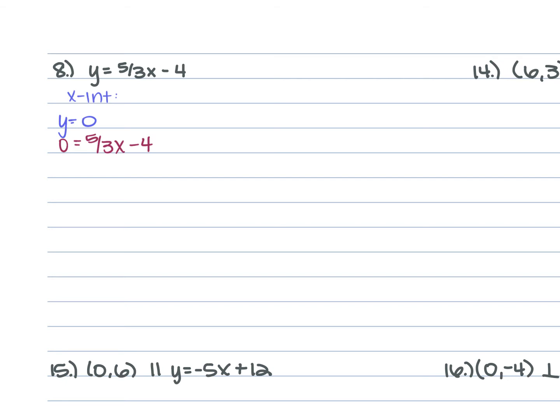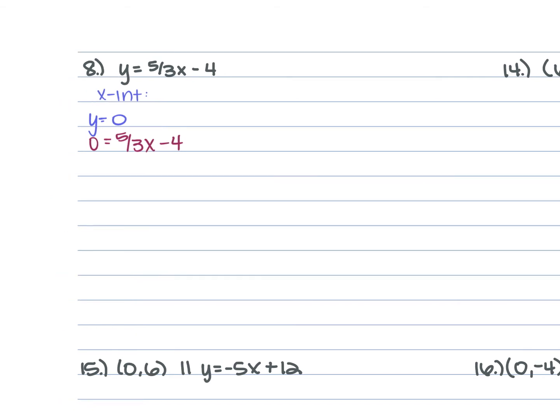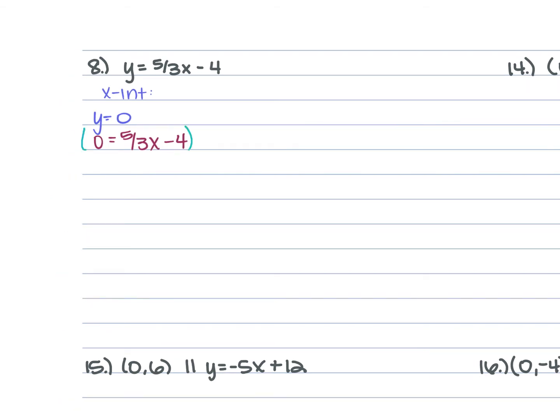What are you going to do from here to solve for x? If you multiply everything, what are you going to multiply by? 3. So you want to get rid of that fraction. So 3 times 0 is going to be 0. 3 times 5 over 3x is just 5x. And 5 times negative 4 is negative 12.